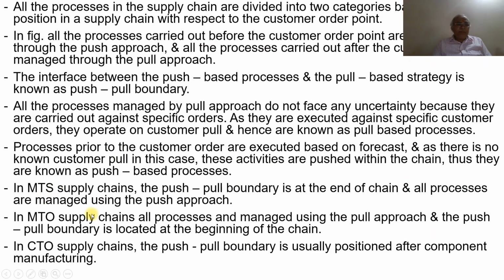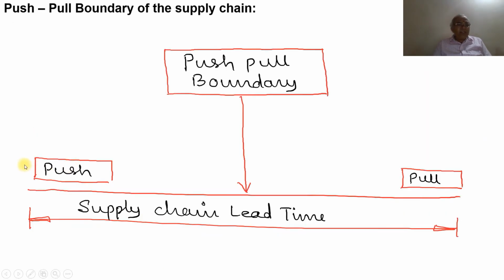Then in MTO, make-to-order supply chains, all the processes are managed using the pull approach, and thus the push-pull boundary is located at the beginning of the chain. That means the order will be placed here, and from here it has to start. Therefore, you will have the pull approach.